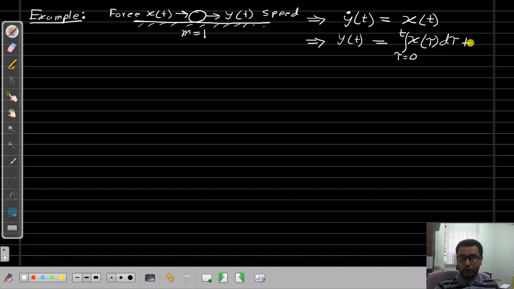Then we have to add the constant of integration, which is nothing but the speed of the object at time t equal to 0 or initial speed. Now let us consider some different possible input versus output situations.